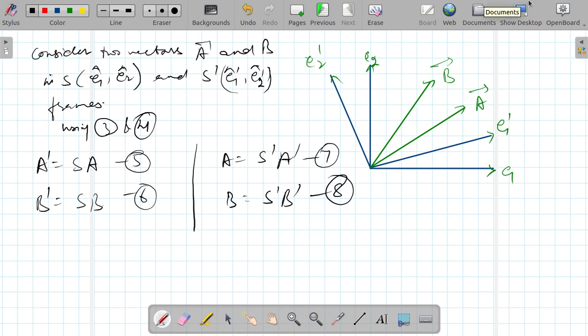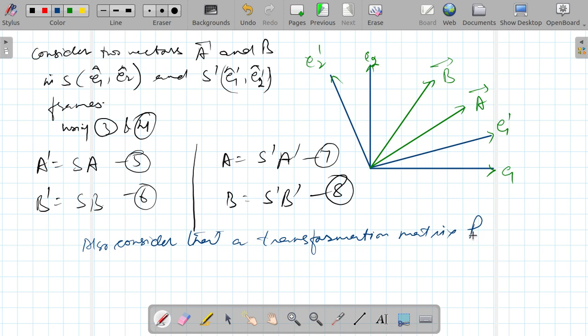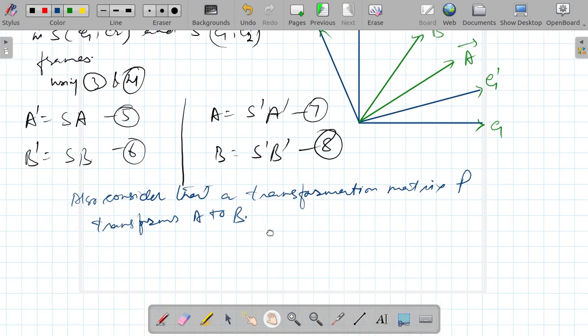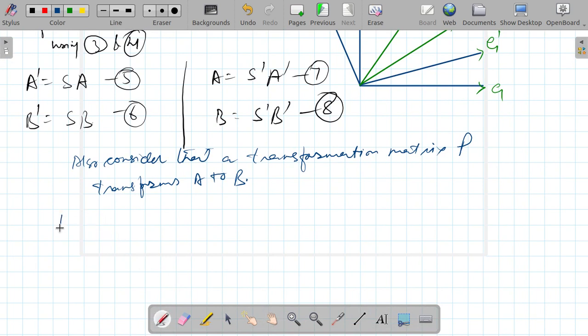Also consider that a transformation matrix P transforms A to B. That means this A can be written as PB, or A prime can be written as P prime B prime.